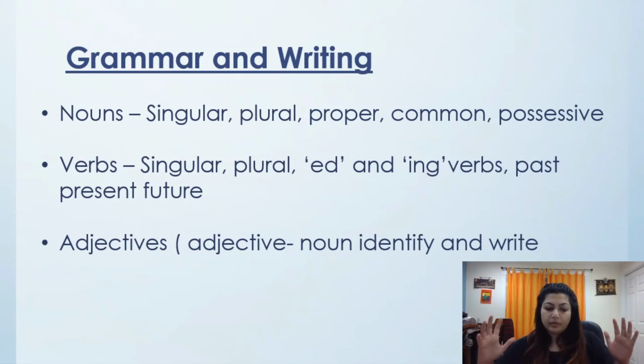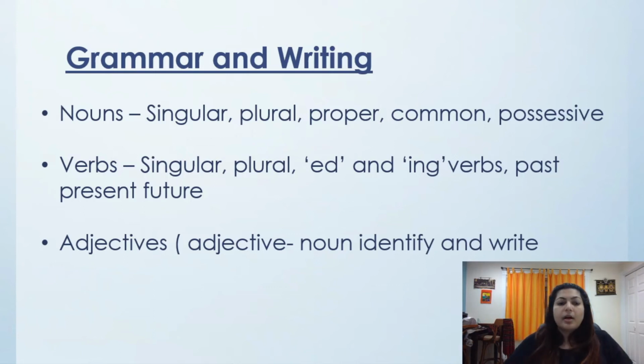There'll be a whole word bank, and they have to identify the adjectives first, and then the nouns. Or you can do it the other way, with an adjective column and a noun column, give them a set of words, and they just sort them out. The ultimate goal is to identify and write your own adjective for a noun, or understand what the adjectives are in the sentences and circle them.